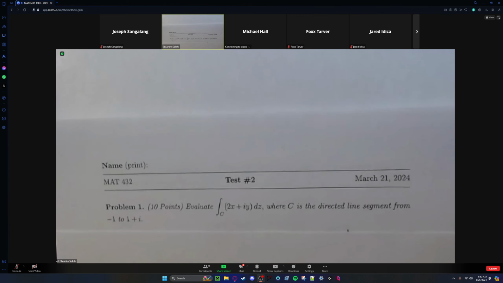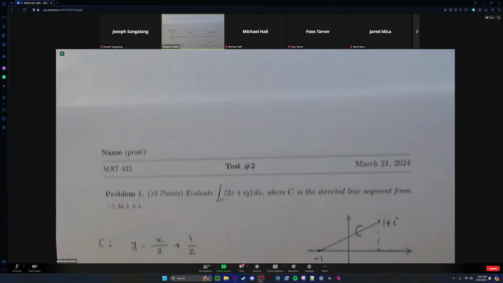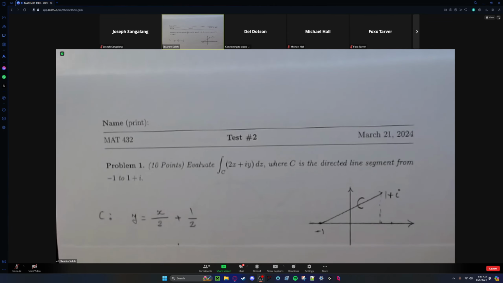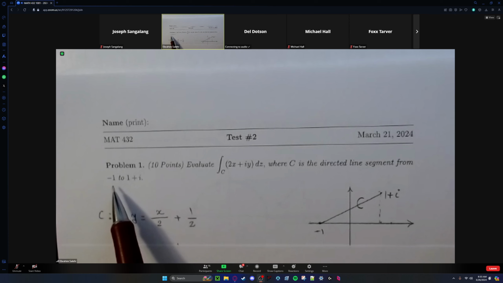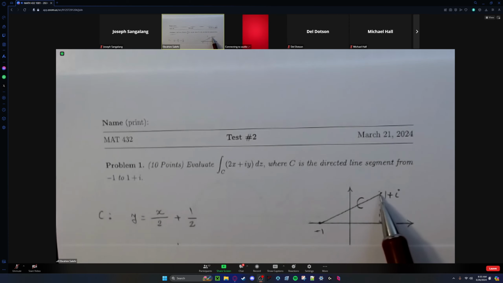The first problem is this: we are integrating this function dz, and remember, in complex, always we are integrating over a curve. All right. In this case, that curve is a straight line from -1, which is here, to 1 plus i.